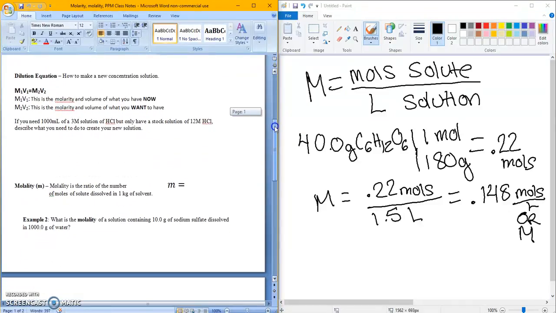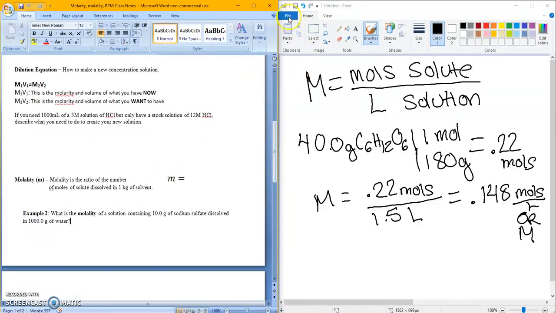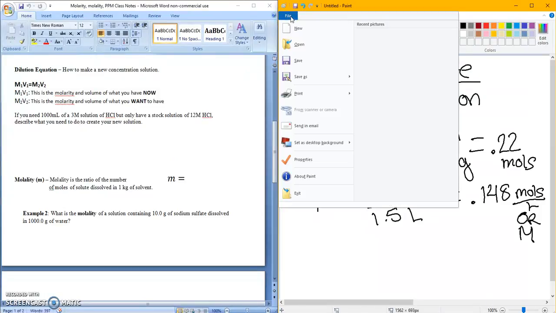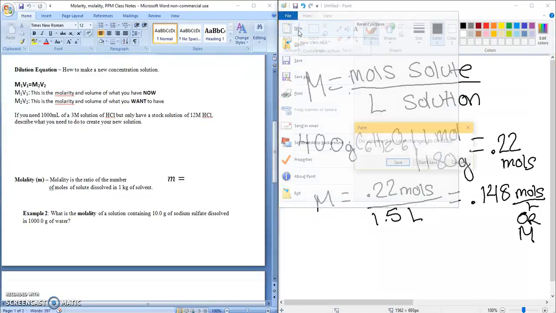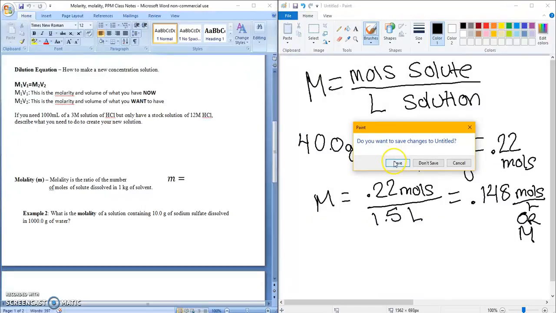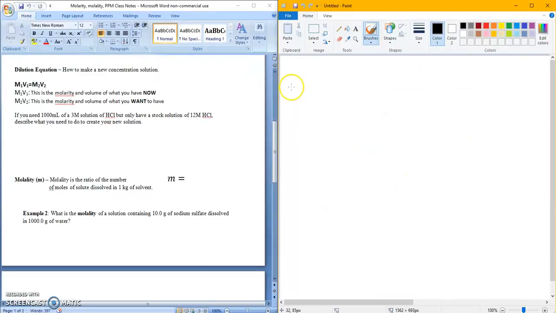Now the thing that we are going to focus on in class next time is the dilution equations, which we use molarity for. So let's say that you have 12 molar HCl.